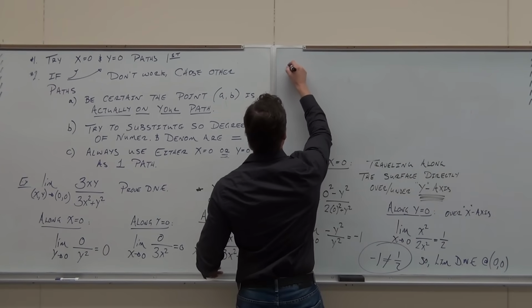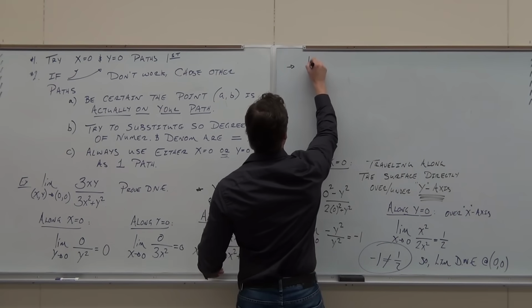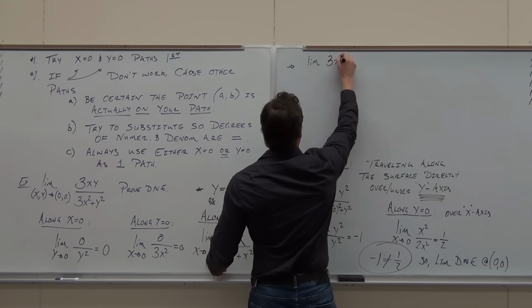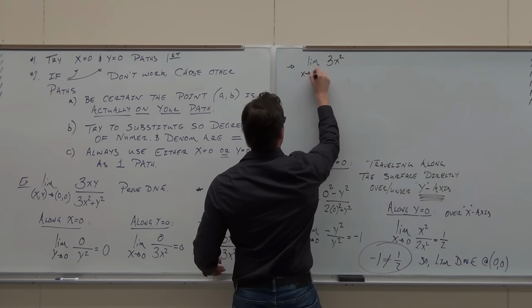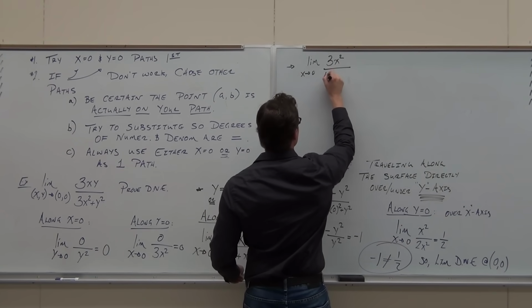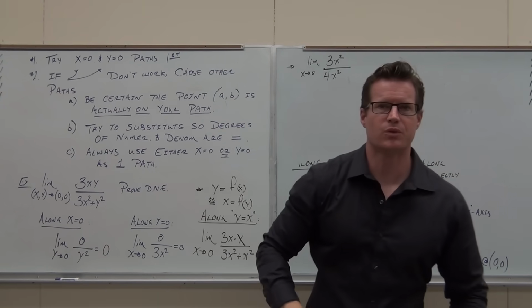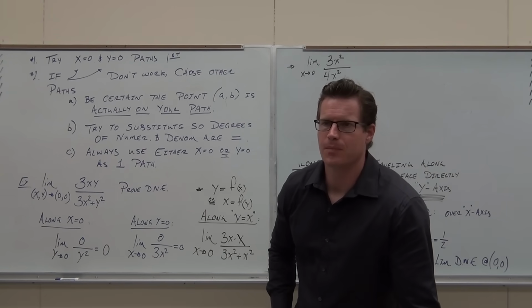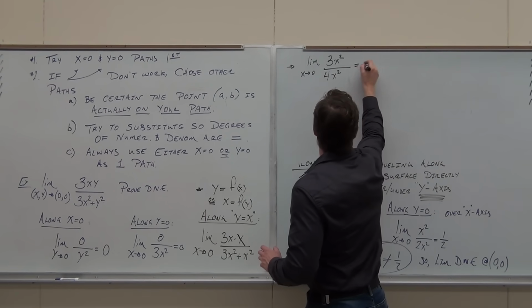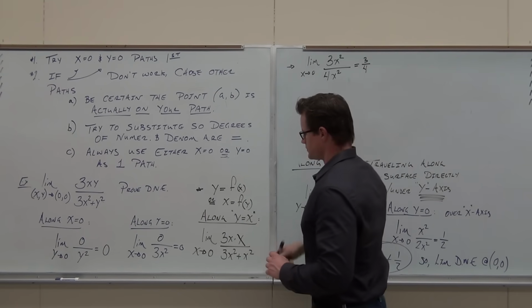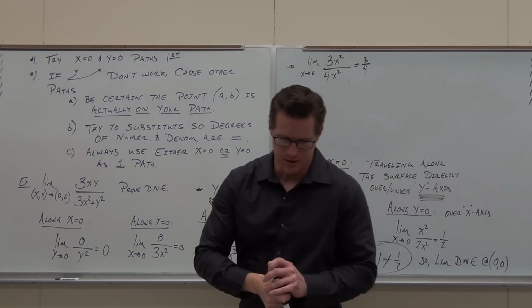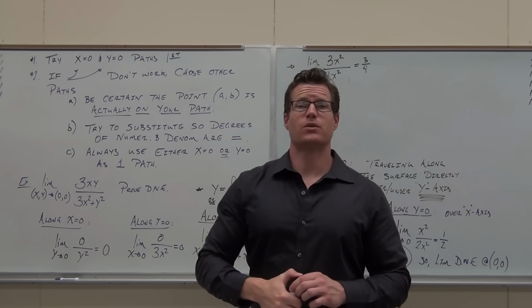So here, if I change this, make it a little bit nicer, I got a limit 3x squared. We're not going to waste time doing limits real slow. What's that limit? By a variety of techniques. Now here's the question.